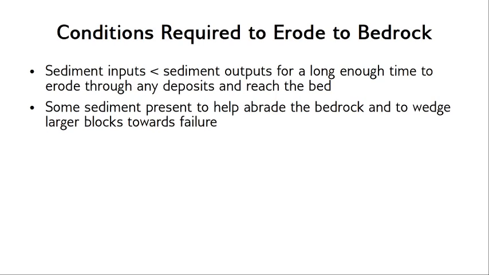And this is one of the reasons why some rivers can transition from being a transport-limited, more alluvial system to being a detachment-limited, more bedrock system, because they can have some periods of sediment cover or some zones of sediment cover.